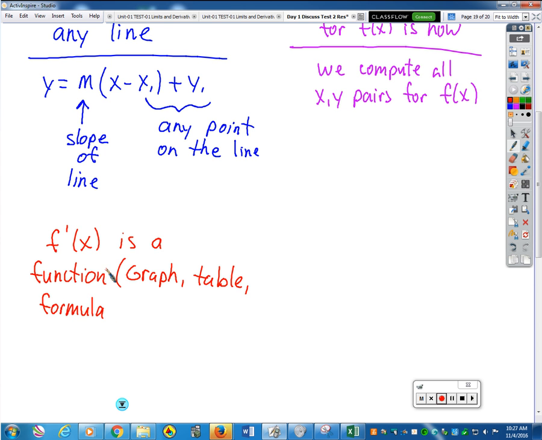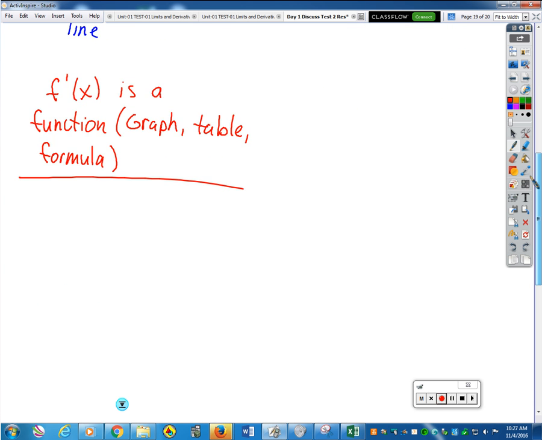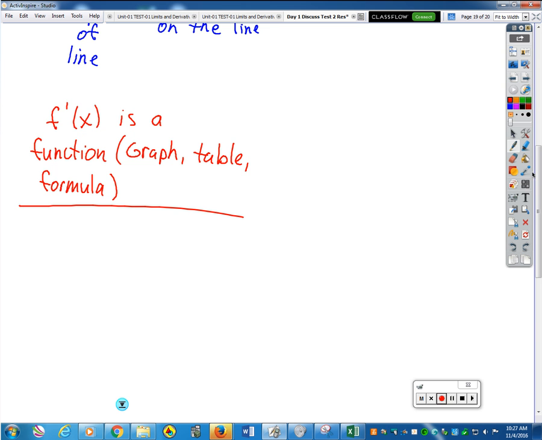F prime is a function, meaning a graph, table or formula. That's one side of the card. F prime is a function, graph, table or formula, which can be used.